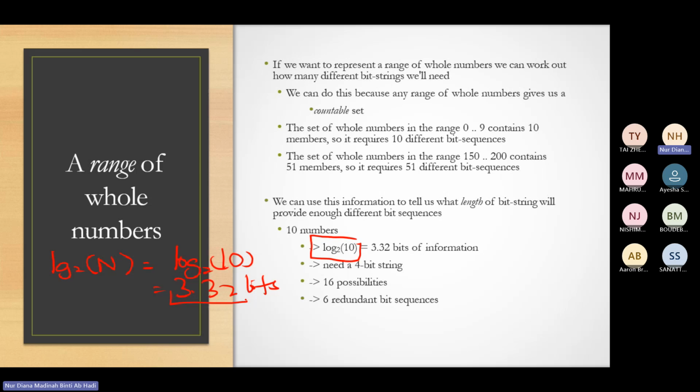So with 3.32 bits, how come it becomes a 4-bit string? Anyone know? How do we get a 4-bit string?